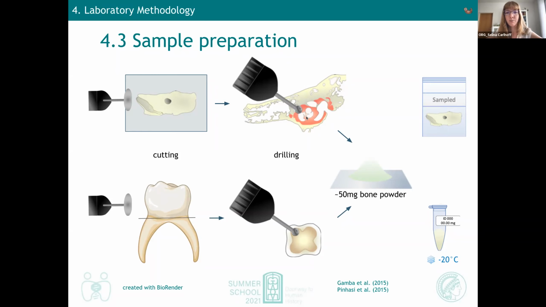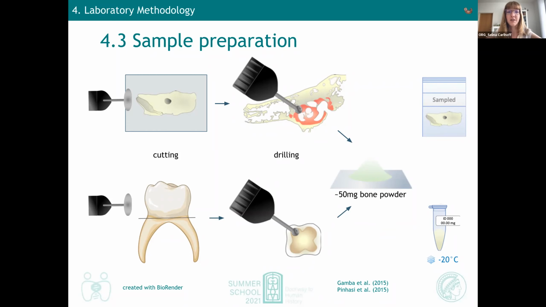this is where we use these dental drills to drill for the bone powder that we use for extraction. Whereas for teeth, we also cut the root off and then drill within the pulp chamber and also generate bone powder this way. Of course, you wouldn't mix these. This is just for the schematic. The bone powder is then stored at -20 degrees until you're ready for extraction.